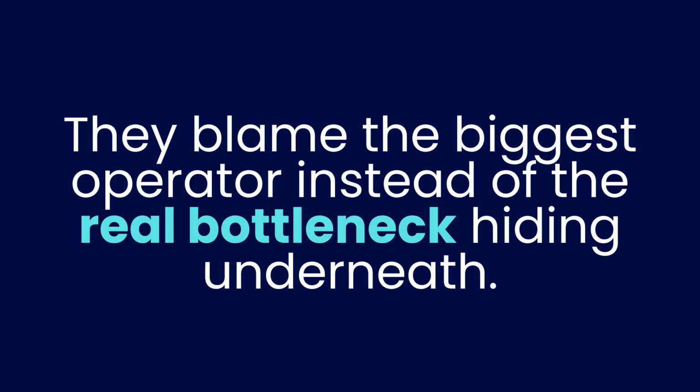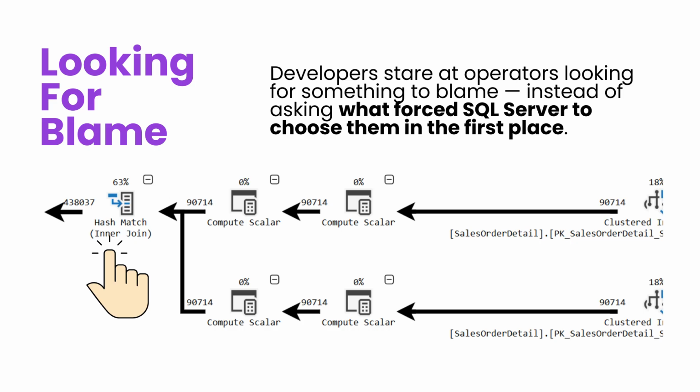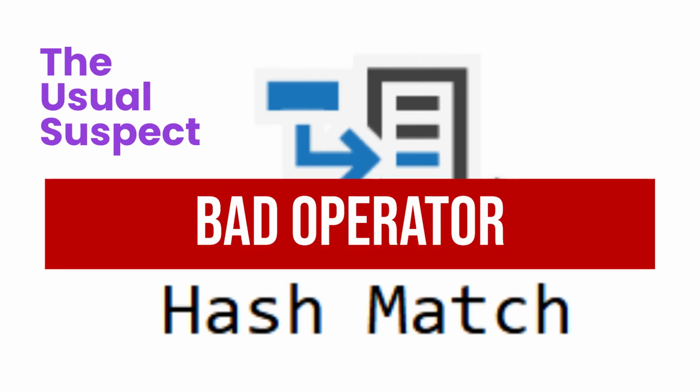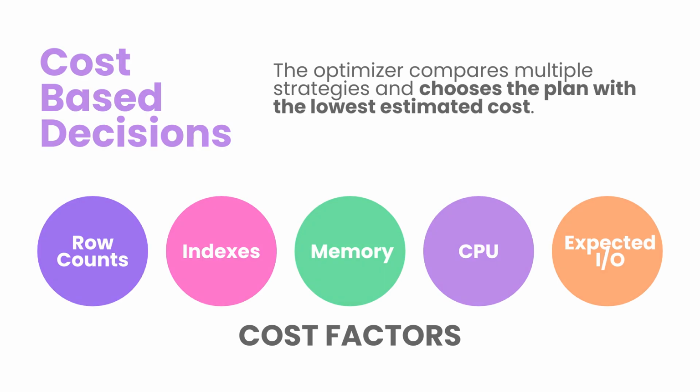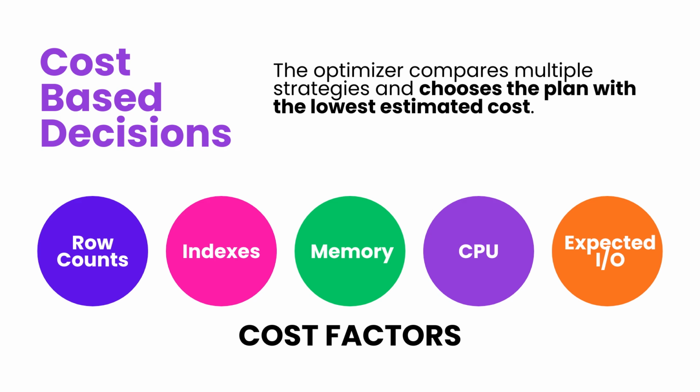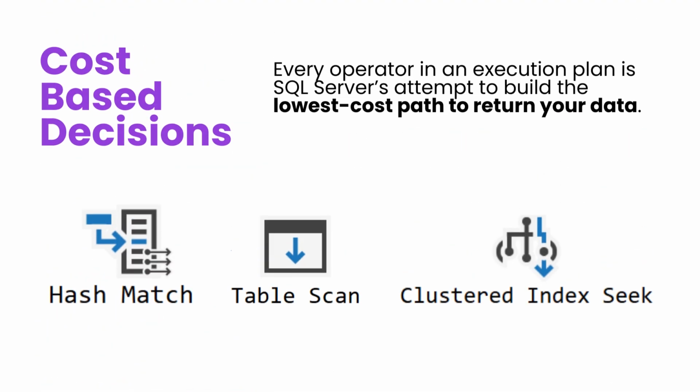Most developers look at execution plans completely backwards. They open the plan, find the biggest operator, and assume this must be the bottleneck. But execution plans don't work like that. SQL Server is constantly making cost-based decisions.